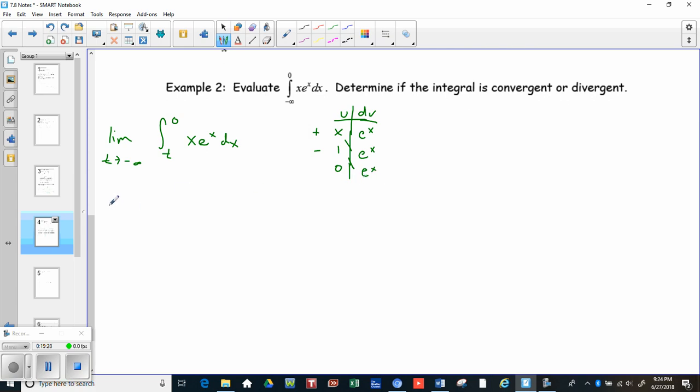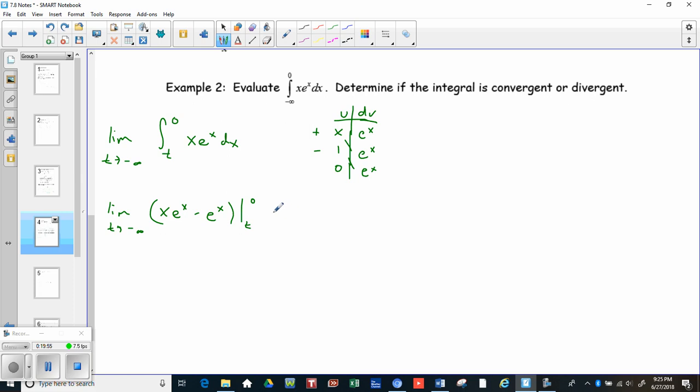So what I have is the limit as t approaches negative infinity. I've gone ahead and taken my antiderivative by doing this portion, so this will be x e to the x minus e to the x, and I'm going to evaluate that from t to 0.